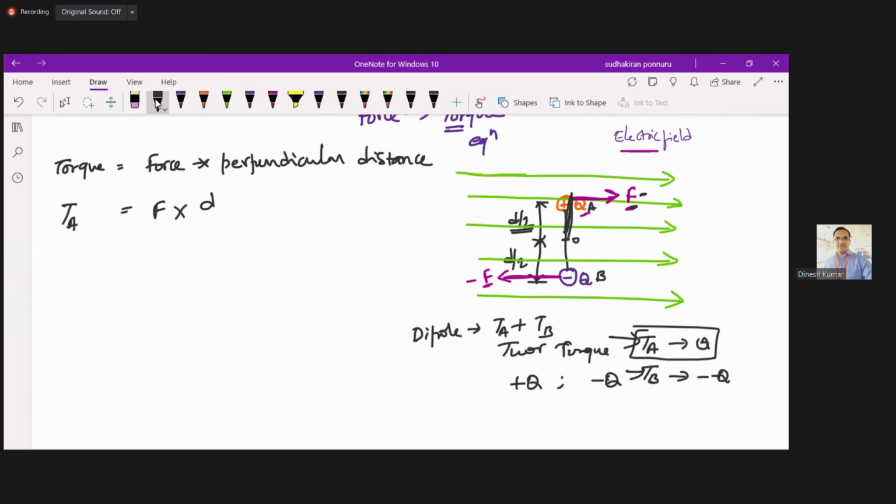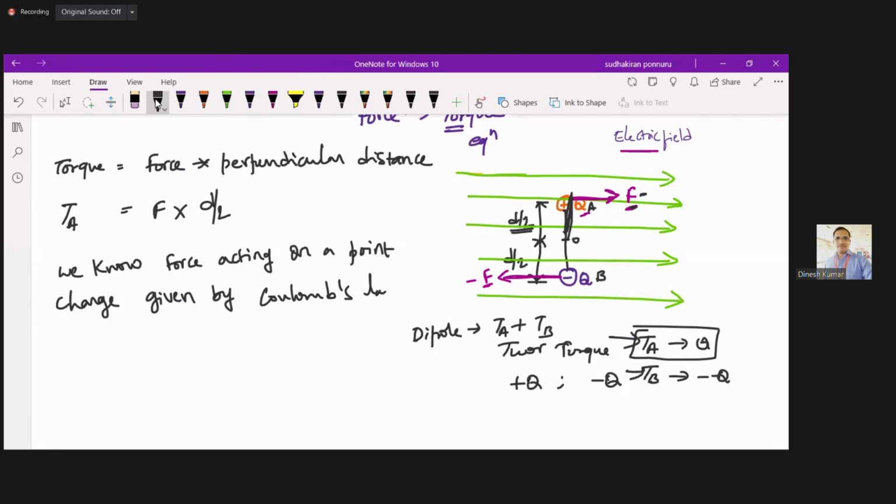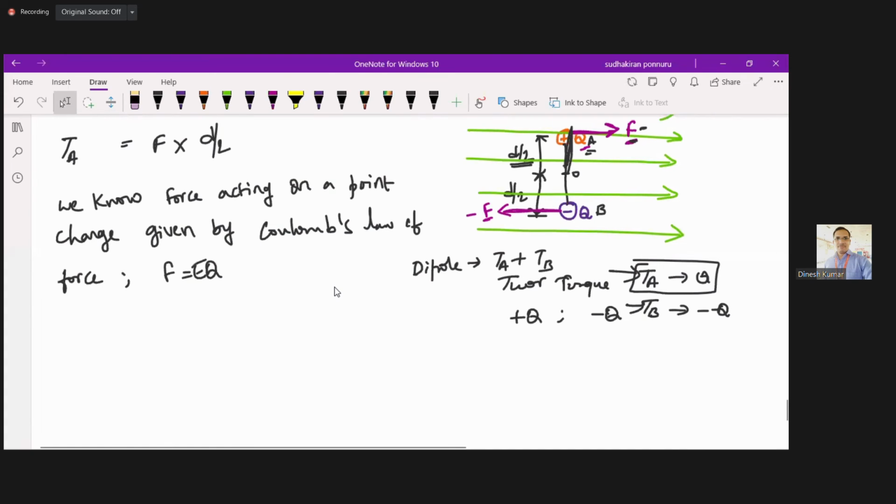And we know that the force acting on a point charge, given by Coulomb's law of force, is F equals E into Q. Since at location A you have a single point charge Q, applying Coulomb's law, F is equal to E into Q. Substituting the value of F, TA is equal to EQ multiplied by d by 2. This is equation 1, calculated at A.